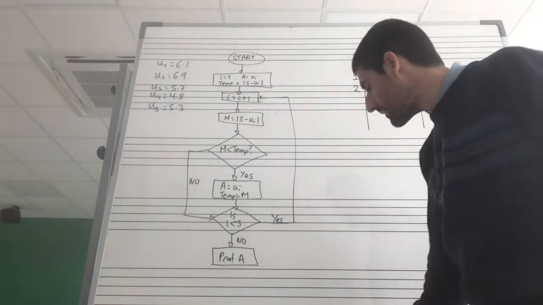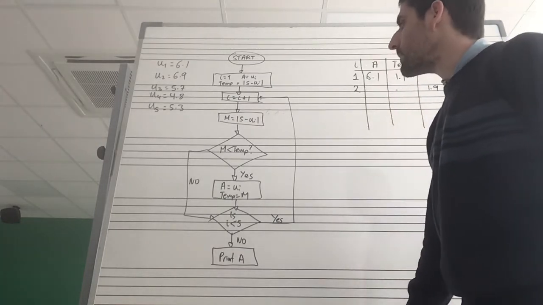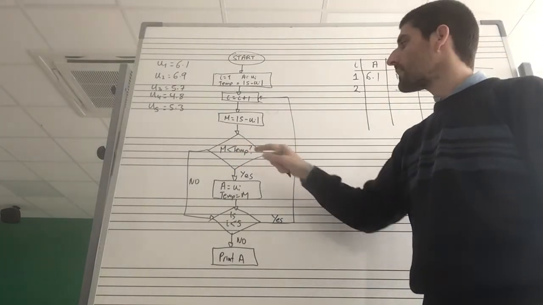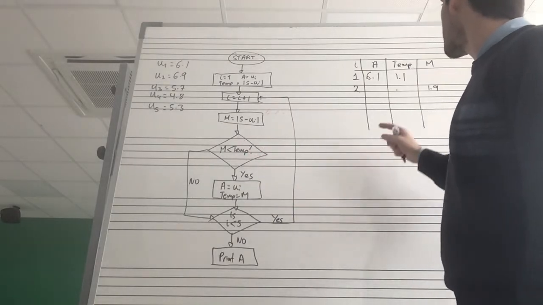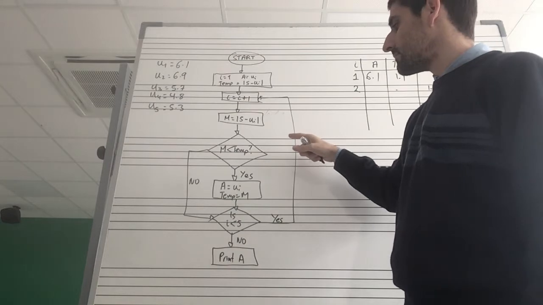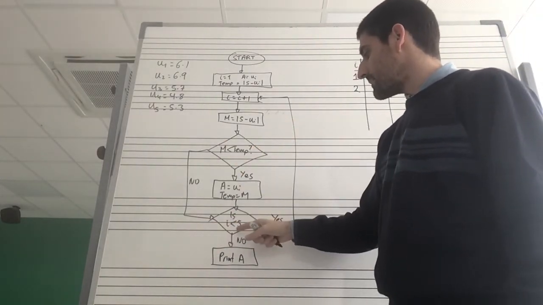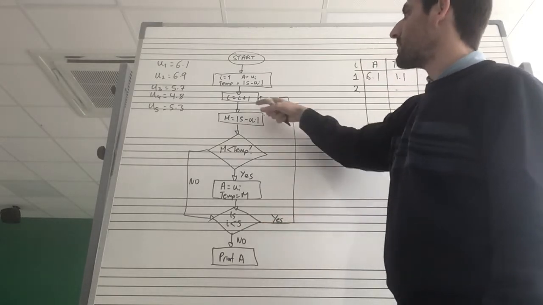So just write it there. We move down to the decision here. Is n less than 10? Well, no, it's not. Is I less than 5? It is. So we go back up.